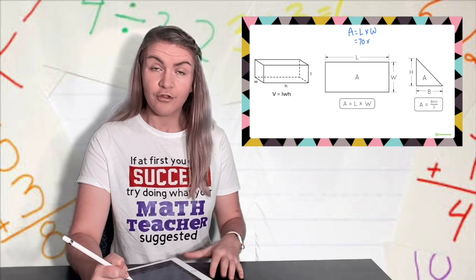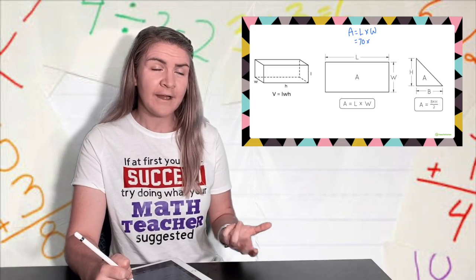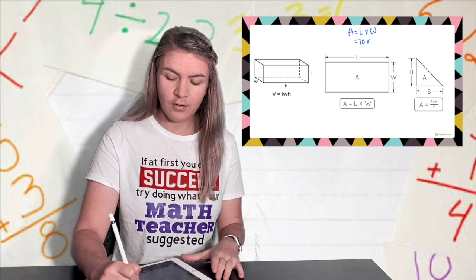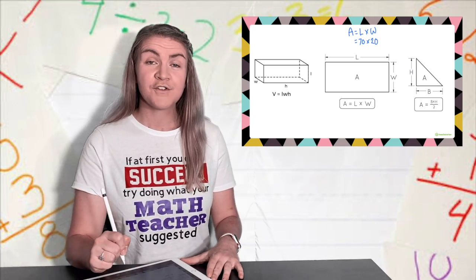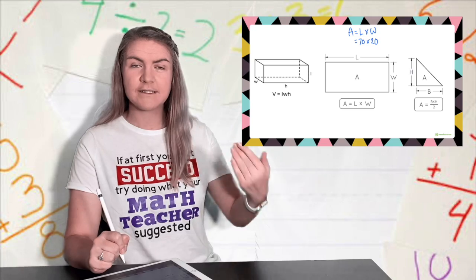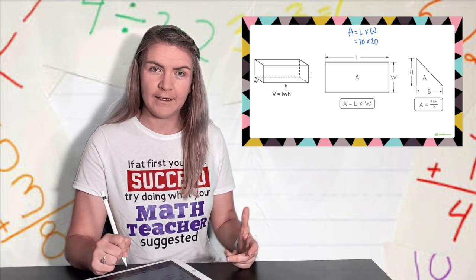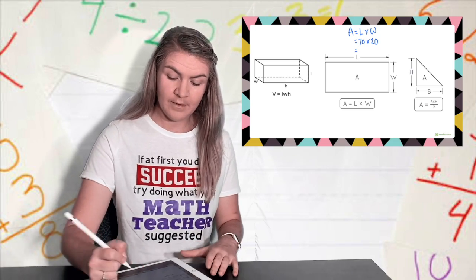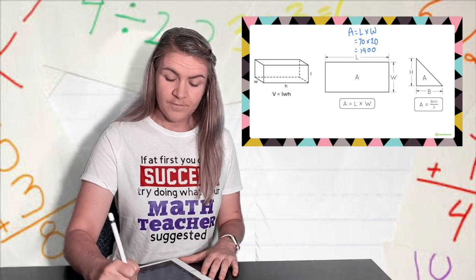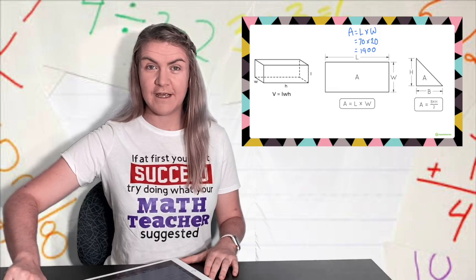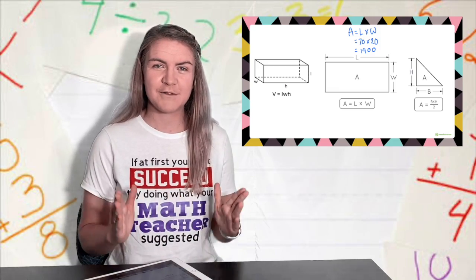And then we're told the width is 20. And we would replace the W with 20. So that is substitution, replacing the letter with a number value. After that, we can evaluate it, which means to solve it. So I want to reassure you that what we're doing today, you have done many, many times before.